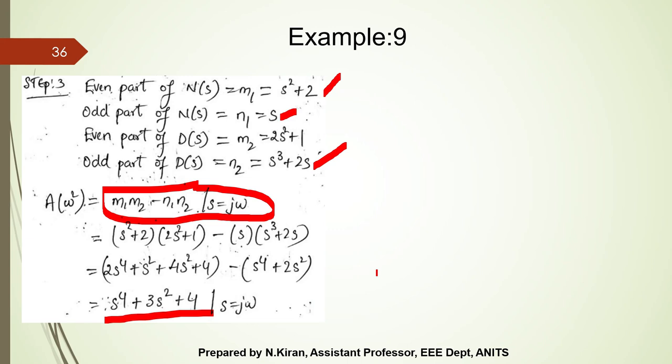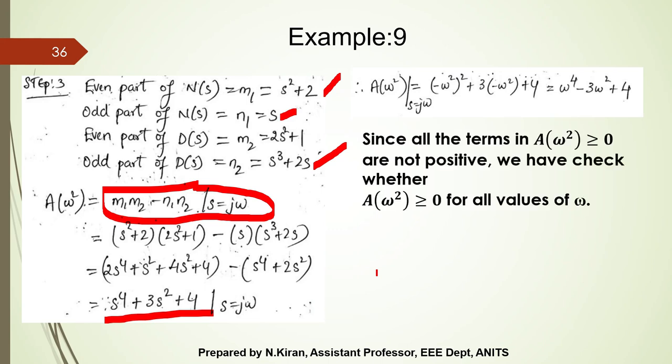When I substitute s equal to j omega, it will give me omega power 4 minus 3 omega squared plus 4. All the coefficients are not positive, isn't it? But even though I substitute omega values 1, 2, 3 randomly, we are not getting any negative values. But then also we have to be sure whether A of omega square is greater than or equal to 0.